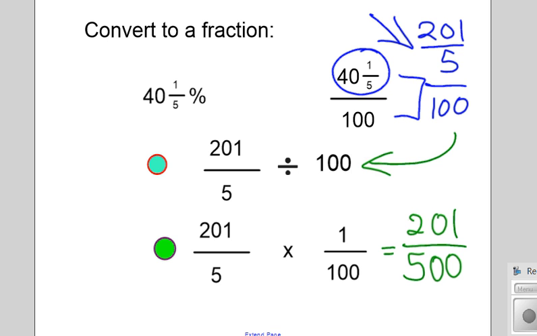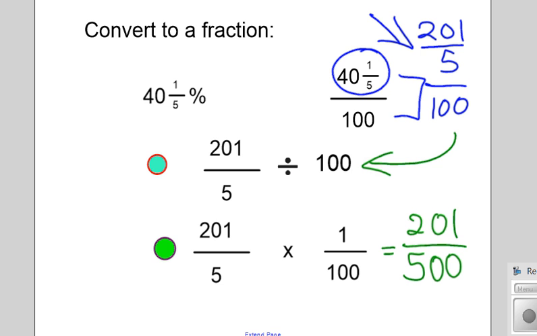And suddenly this 40 1/5% is not that easy of a fraction to begin with. But we've used an understandable, familiar process to get us there, and we are able to come up with the result that we are looking for.